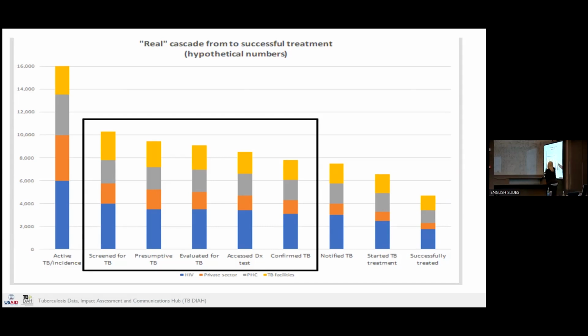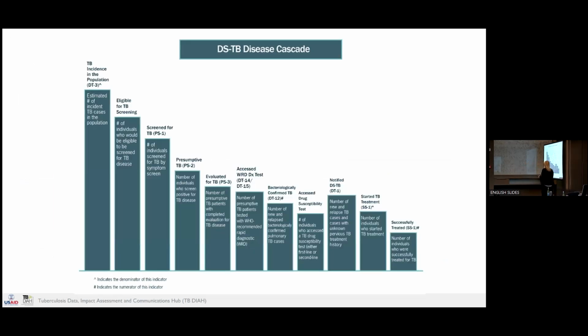And here would be great also to see the percentages for each of the categories, because yesterday we had a very good presentation on visualization. And if there were percentages shown here, we would see better what is the coverage in each category. So this cascade is an example of DSTB.